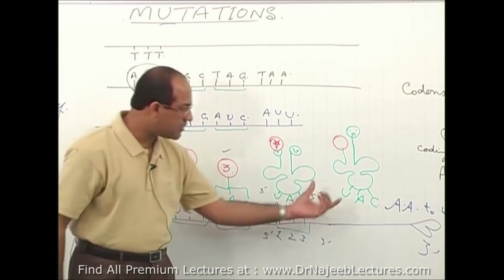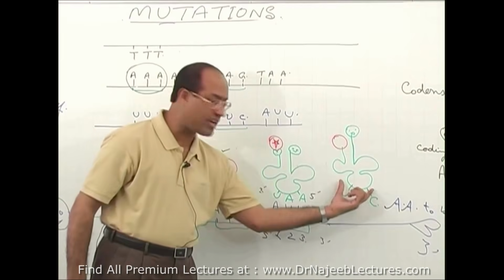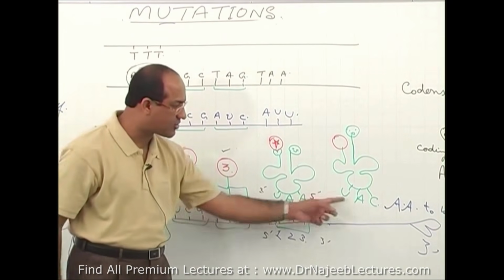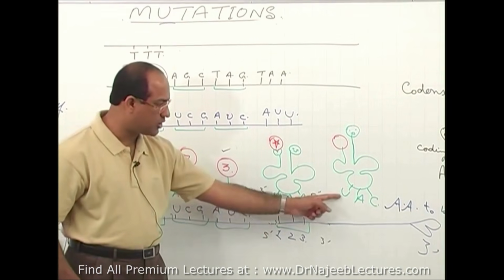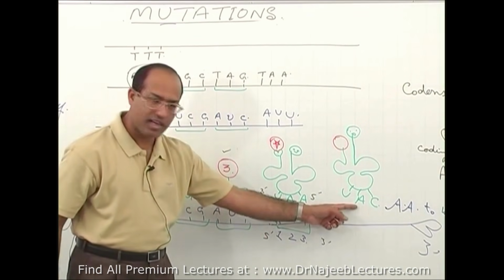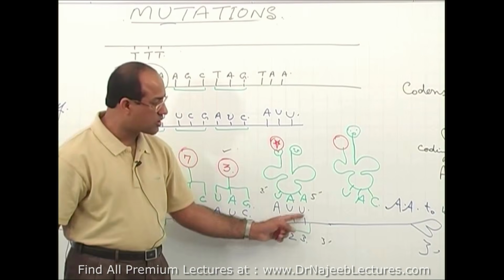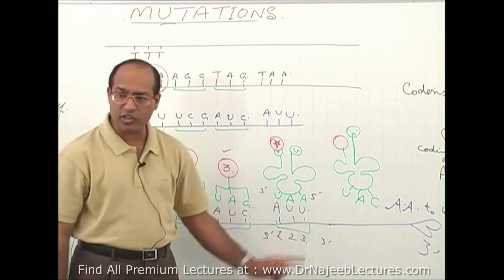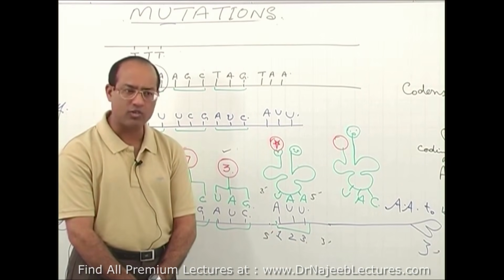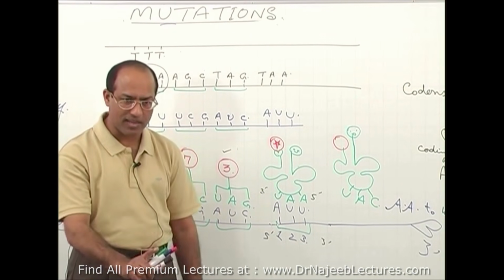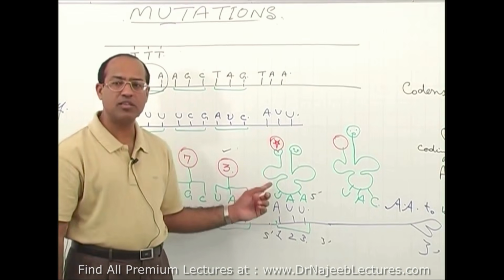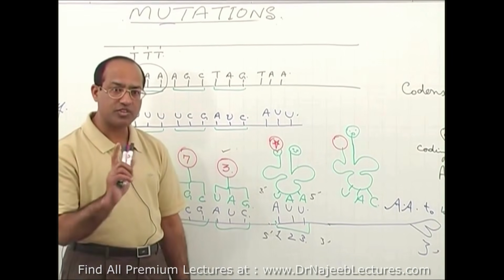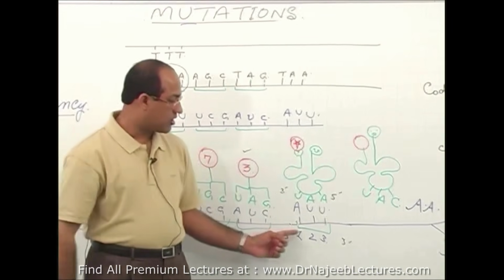No. But if this anticodon and transfer RNA adjusts with this, it means first and second are strict: A will go with U, U will go with A, but this U should not ideally go with C. And if it goes, then is it traditional matching or non-traditional? Non-traditional.